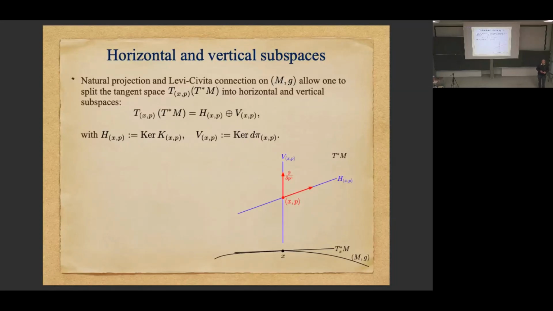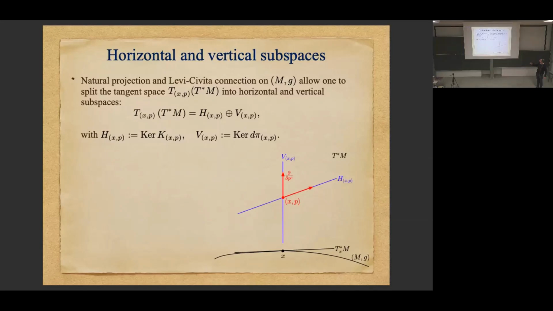So what we're going to introduce now is, at each point in the cotangent bundle, we have the tangent space at this point. So this is the tangent space at the point (x, p) of the cotangent bundle. And now at each point, there is a natural split into horizontal and vertical subspaces.